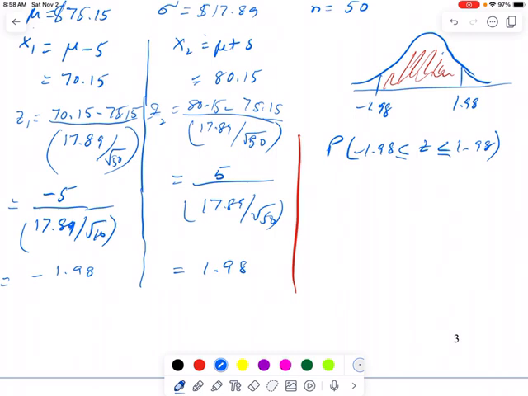And how did we find this? We will go to the 1.98, find its value from the table, and then subtract the value of negative 1.98. So let me see, where did my table go?